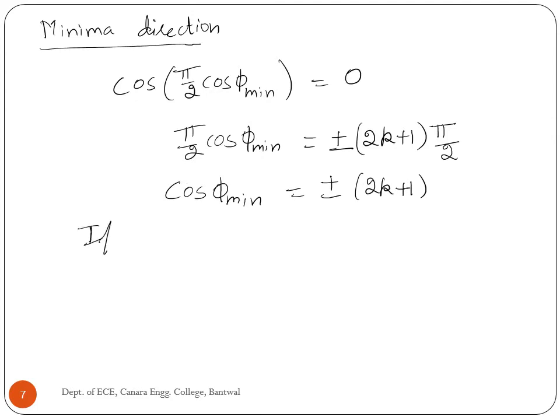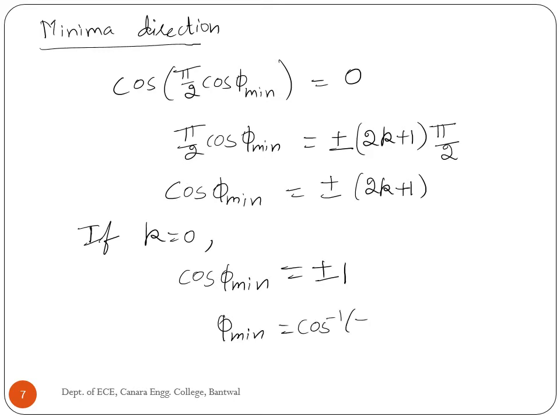If k equal to 0, cos phi minimum is equal to plus or minus 1. Therefore phi minimum is equal to cos inverse of plus or minus 1, which is equal to 0 degree or 180 degree.